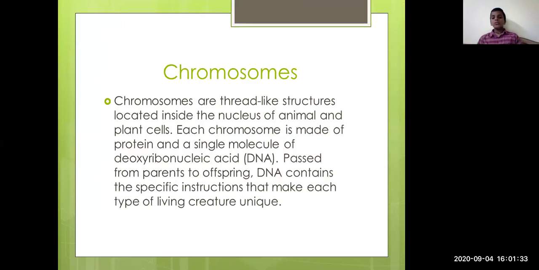Chromosomes. Chromosomes are thread-like structures located inside the nucleus of animal and plant cells. Each chromosome is made up of protein and a single molecule of deoxyribonucleic acid (DNA) passed from parents to offspring. DNA contains the specific instructions that make each type of living creature unique.